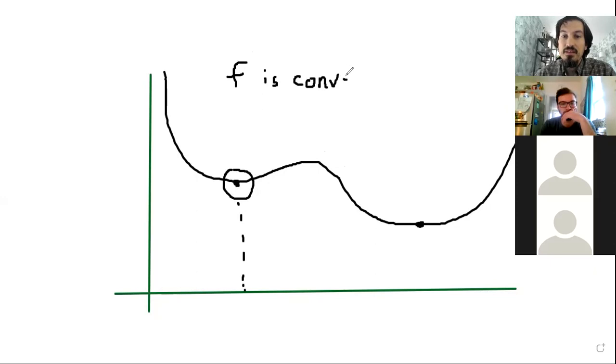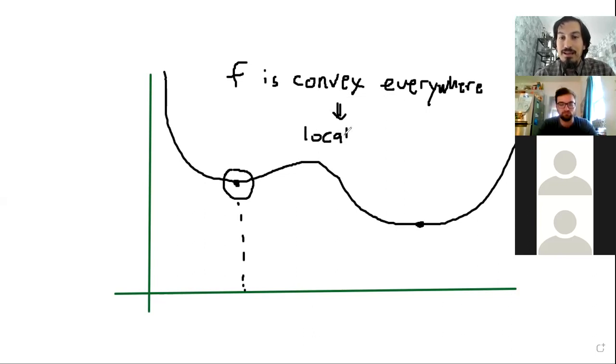If f is convex everywhere, that implies that this local min is also a global min.